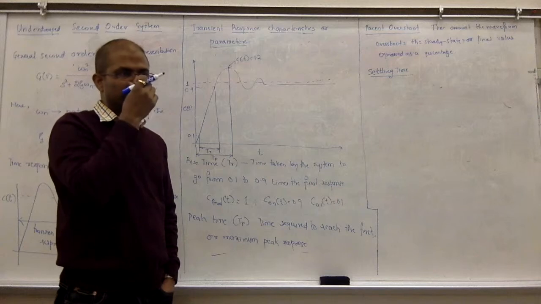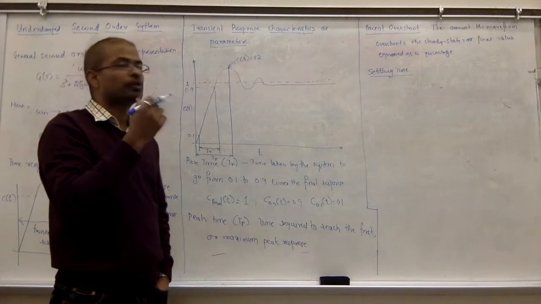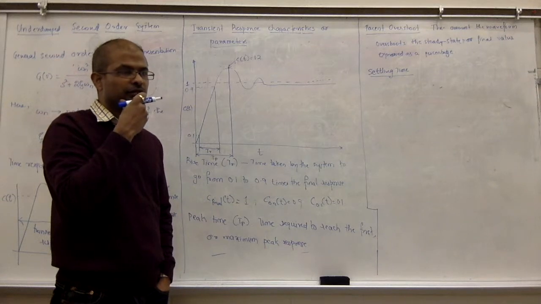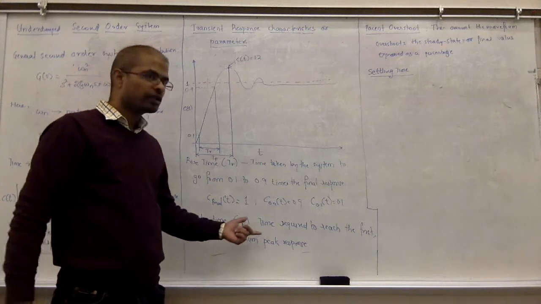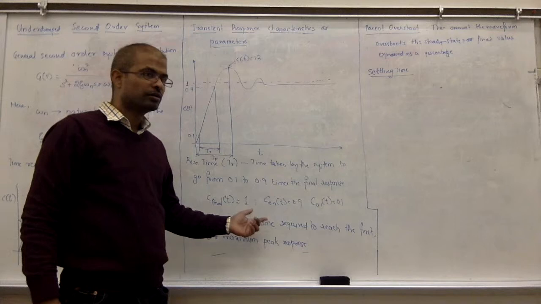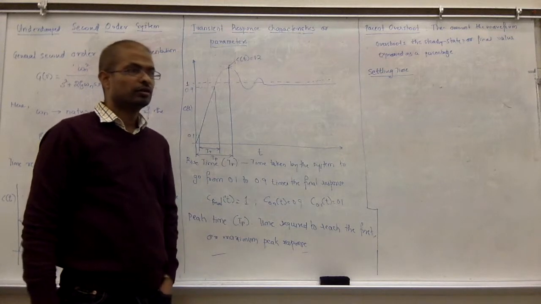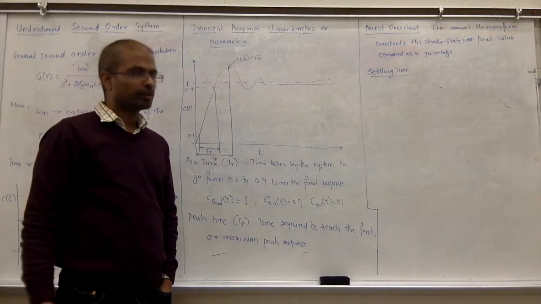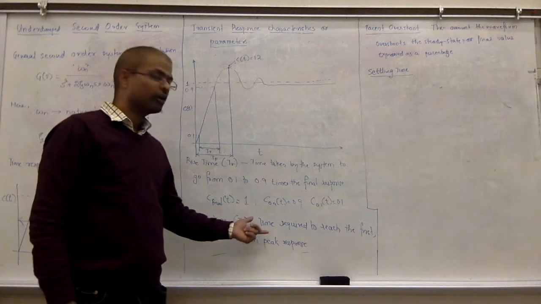There is no peak. What is the percentage overshoot? It's zero or negative. It's not going anywhere above the final value, so it's not relevant. It will never go to that peak.